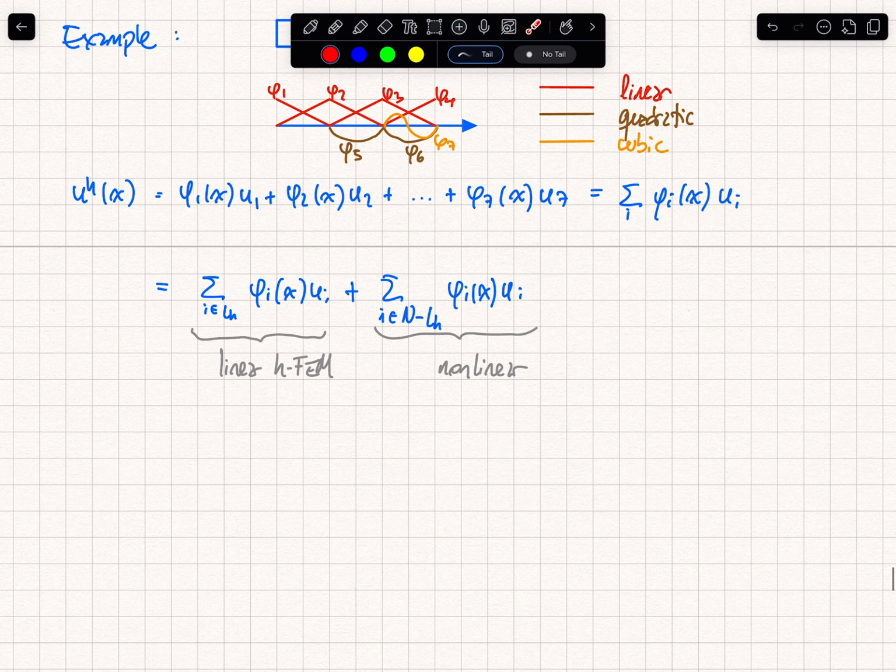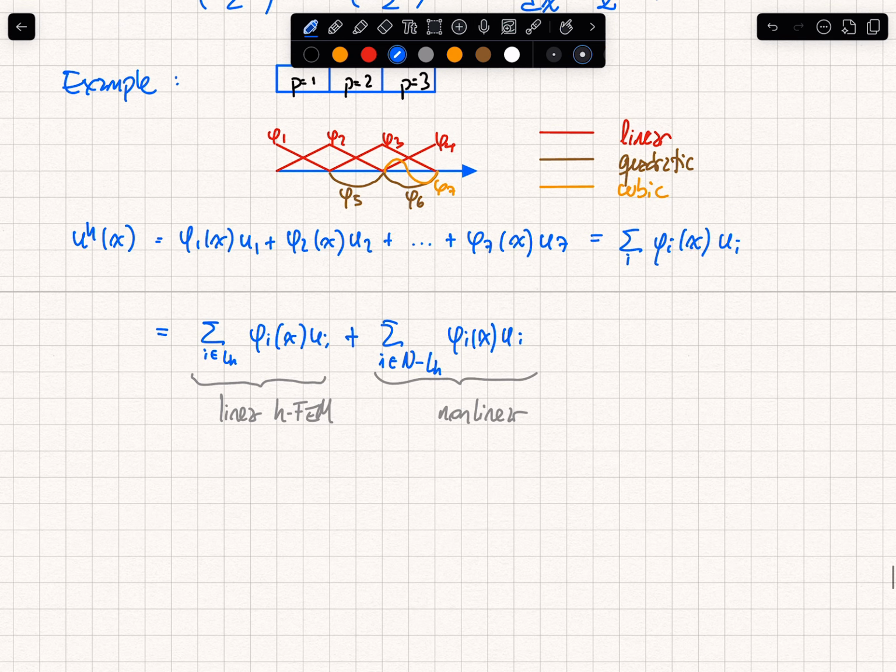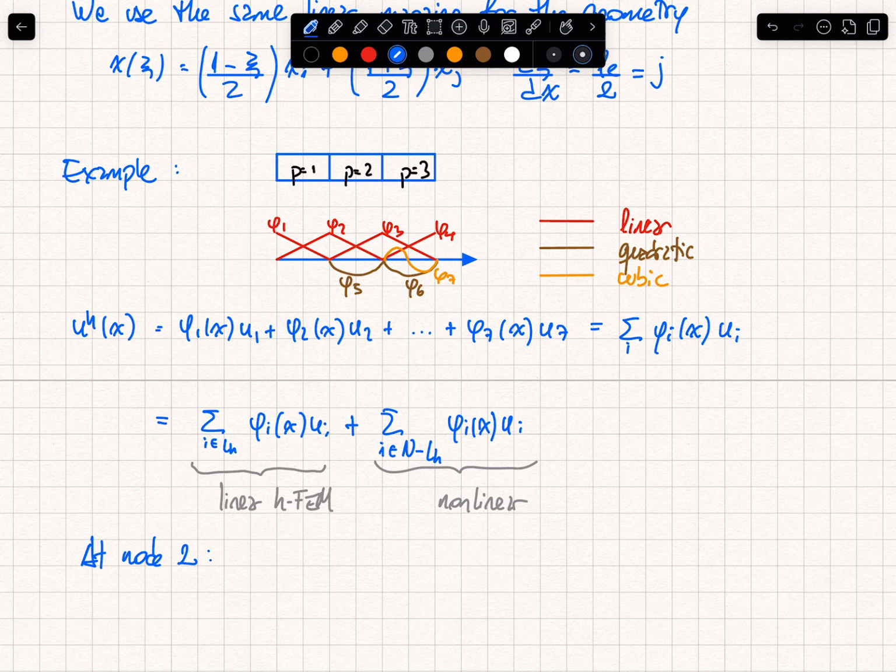Okay, well, let's see. If I have to compute the field, the displacement, or the temperature at this location, at node 2, right? Well, notice that there is only one shape function that is non-zero at that location.